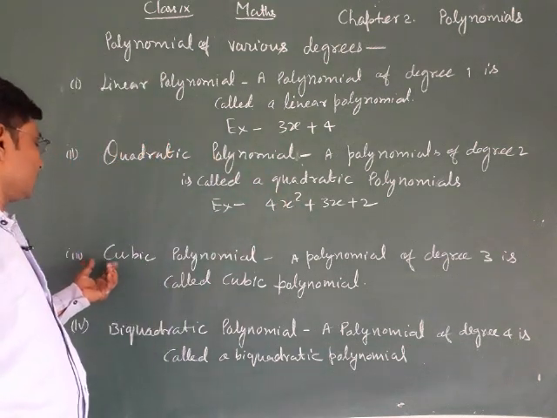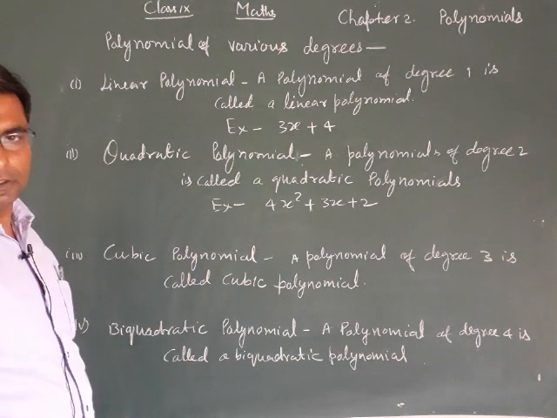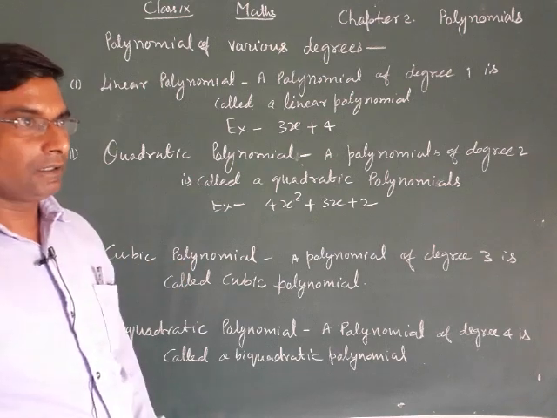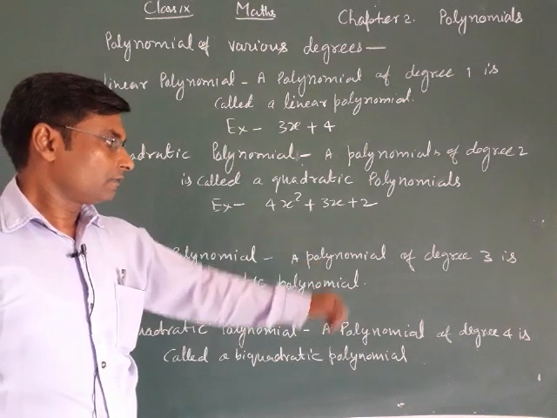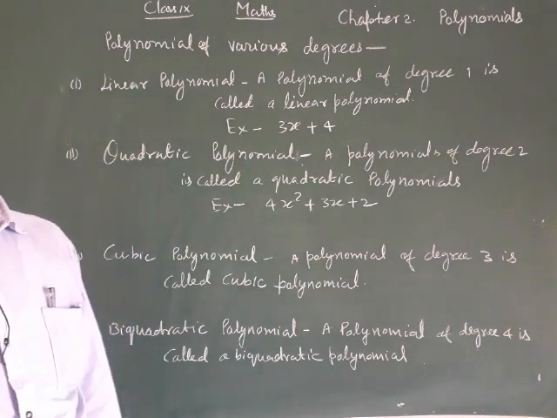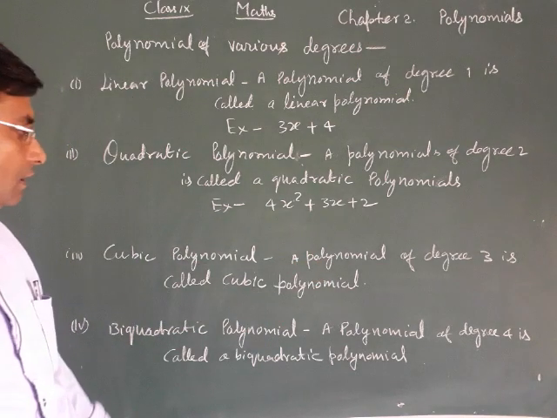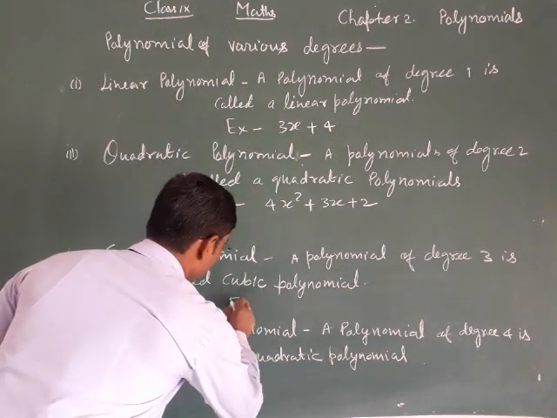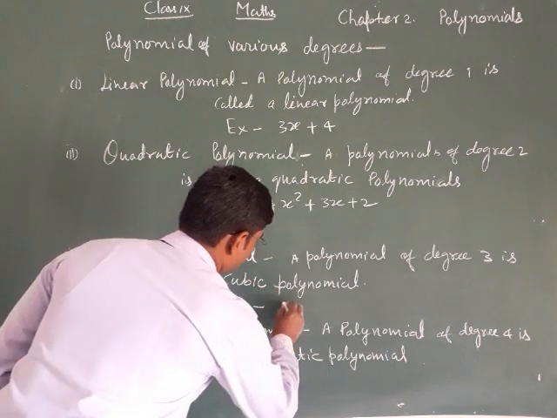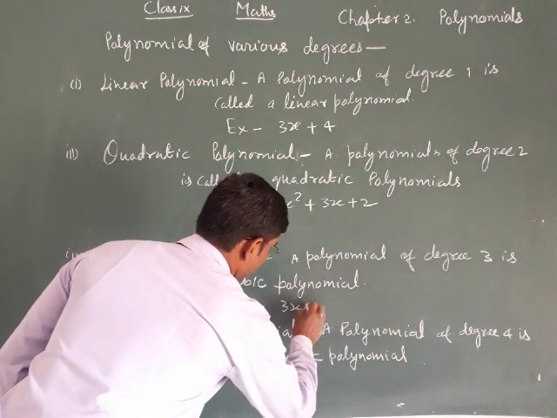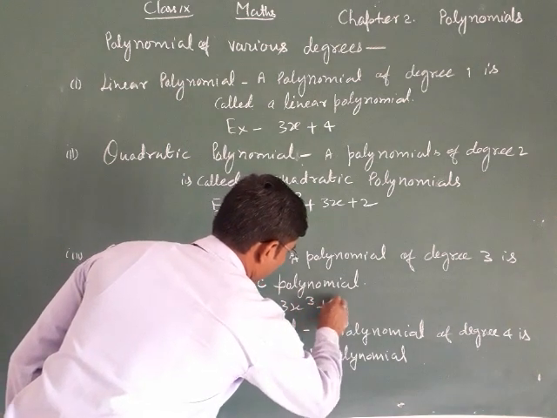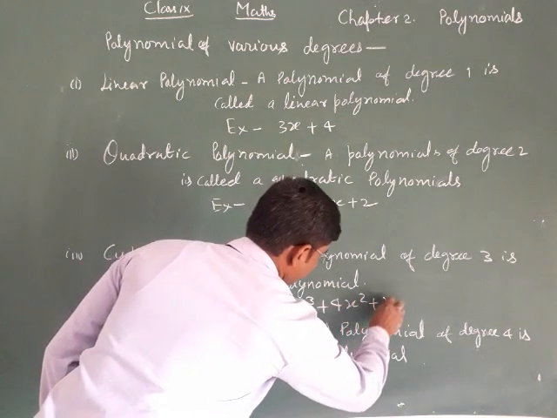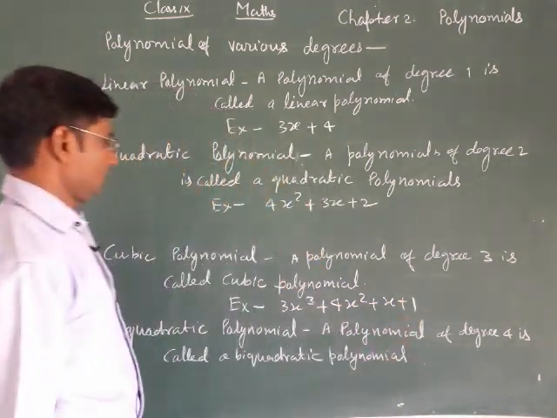And third, cubic polynomial. A polynomial of degree 3 is called a cubic polynomial. For example, 3x power 3 plus 4x square plus x plus 1.